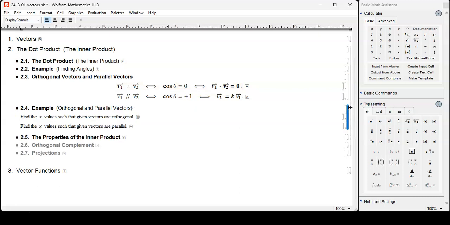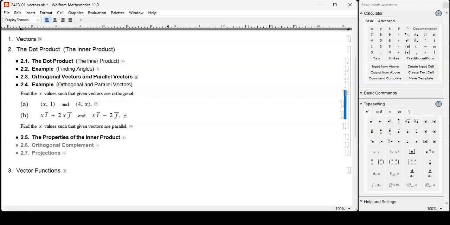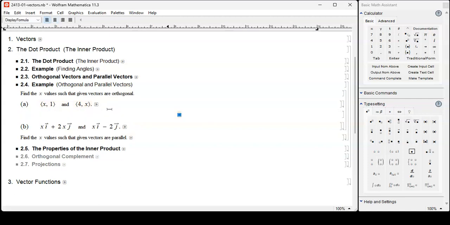Let's see, do we have some example here? Find the x values such that the given vectors are orthogonal. Okay, how about this? x comma 1 and 4 comma x. So the dot product has to be 0.